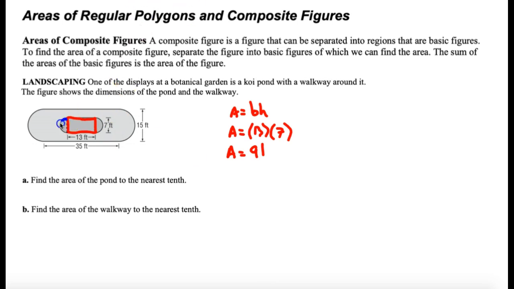Then for the semicircles, again, we've got two half circles, so that'll just be pi r squared. That'll be one whole circle. So pi times the radius. Now we know the diameter is 7, so the radius will be half of that, which will be 3.5.